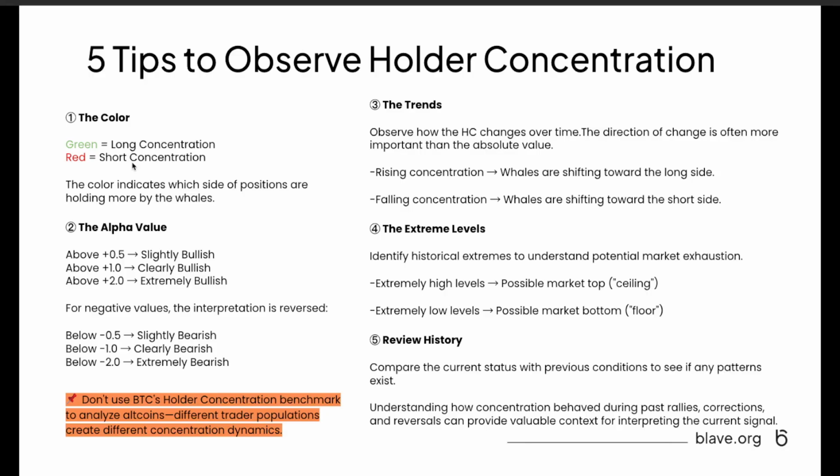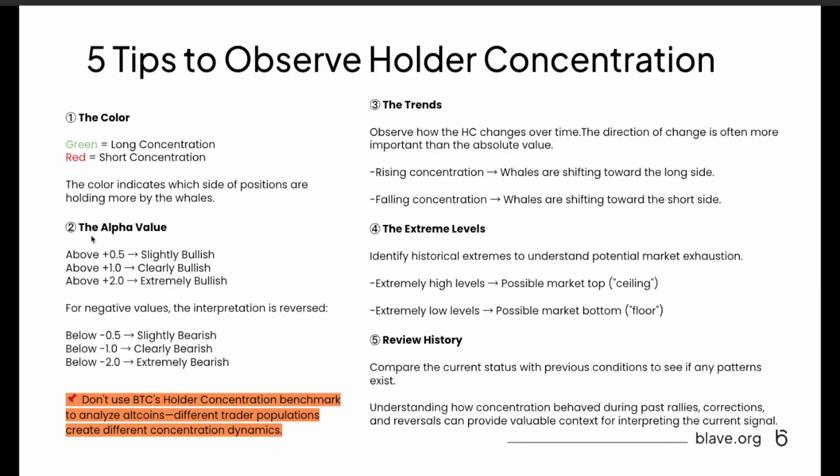So the color indicates which side of positions is being held more by the whales. It gives you a clear signal of the token status and the perspective of those whale traders in such markets.